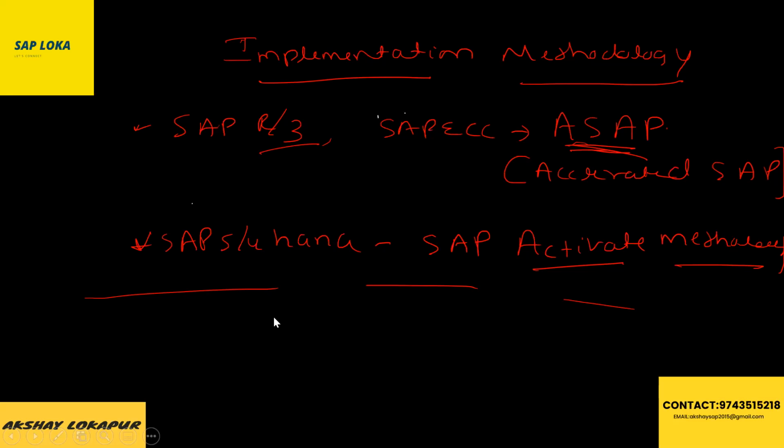This we'll see in tomorrow's class. And once this is complete, I will start the Fiori introduction tomorrow. In the Fiori screen, how it will work, how it is different from initially, why it is introduced, what is meant by Fiori, everything we'll see tomorrow, and how the implementation, what the SAP methodology is, what the Activate methodology is, how we are implementing actually.